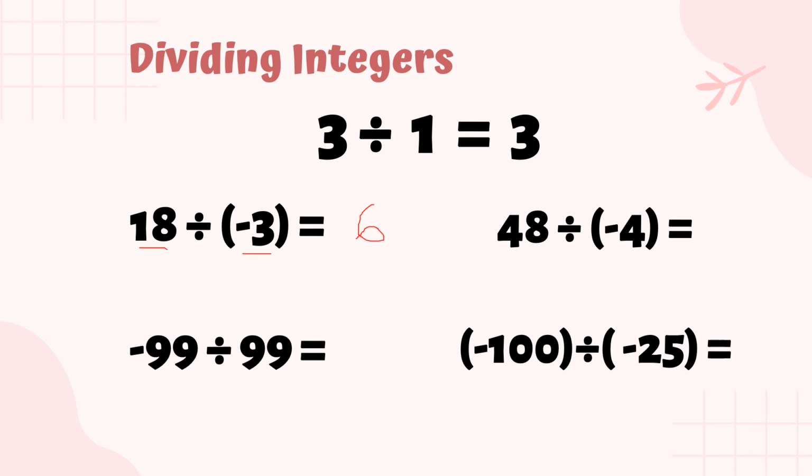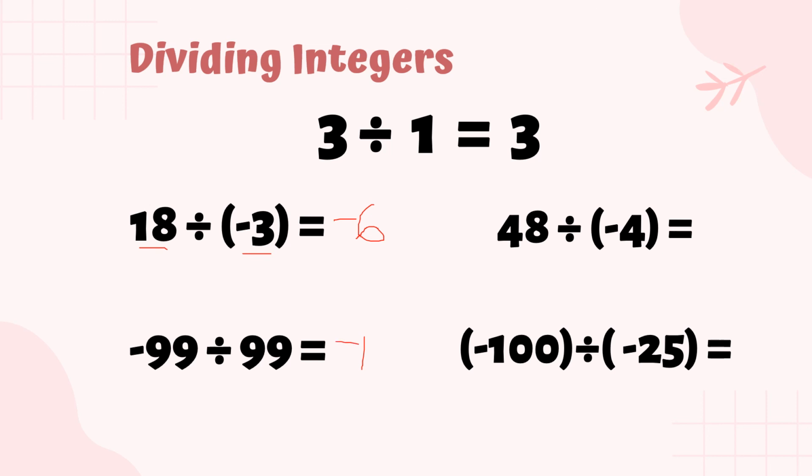Since they have different signs, the result is negative. So positive divided by negative is negative. Another one, negative 99 divided by positive 99. So 99 divided by 99 is 1. Since they have different signs, negative divided by positive, the result is negative.